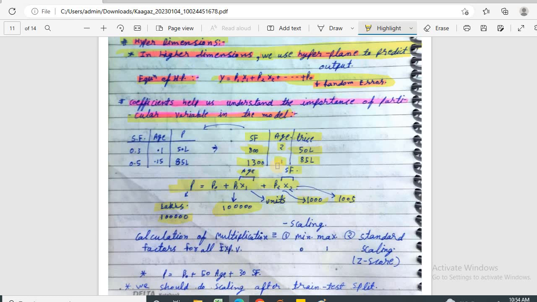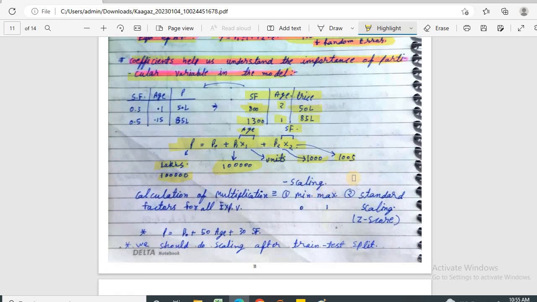As we already saw, coefficients help us understand the importance of a particular variable. So it tells us that x1 is more important than x2, but that is not the case. Just because x1 is in units, beta 1 value is high.